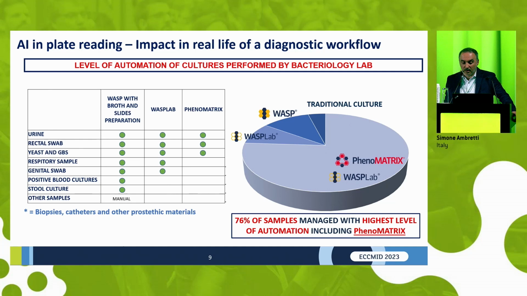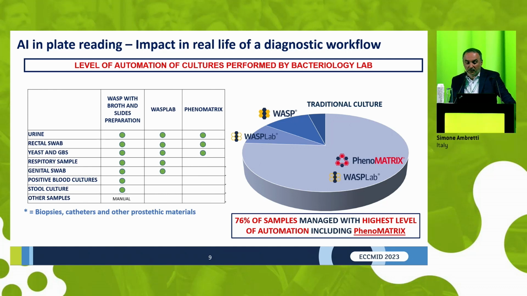Our experience with Copan automation started in 2009 when we introduced WASP for automation of streaking of liquid-based samples. Then in 2016, we implemented the WASP Lab, achieving automation of plates incubation and digital reading.